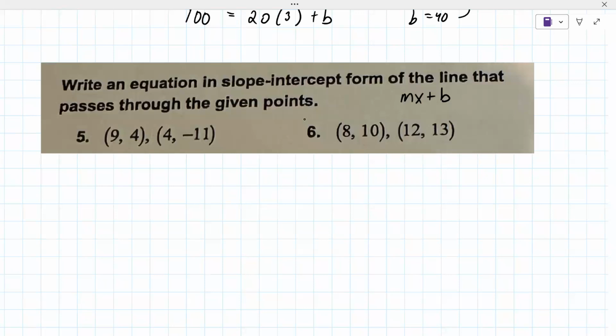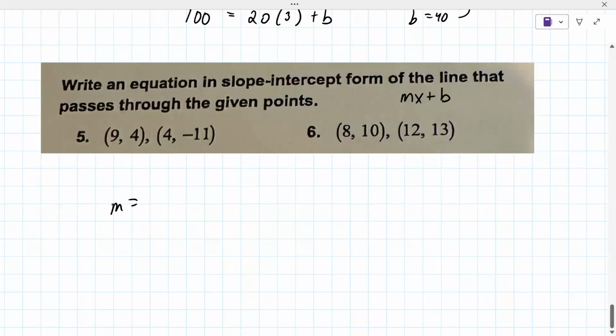So 15 halves, or 7, I got y equals negative 15 over 2x plus 9. Let me get a calculator. Tell me your slope for 5 whenever you get it, so I can check.